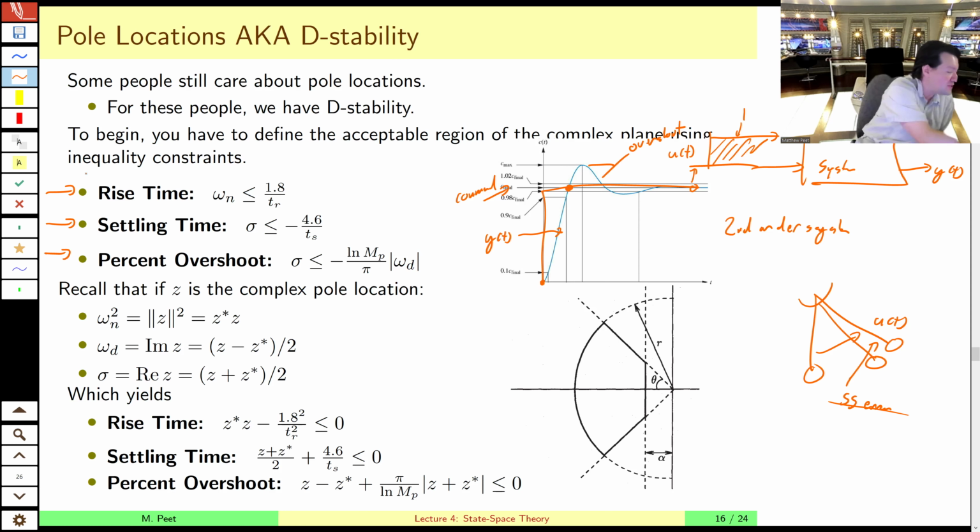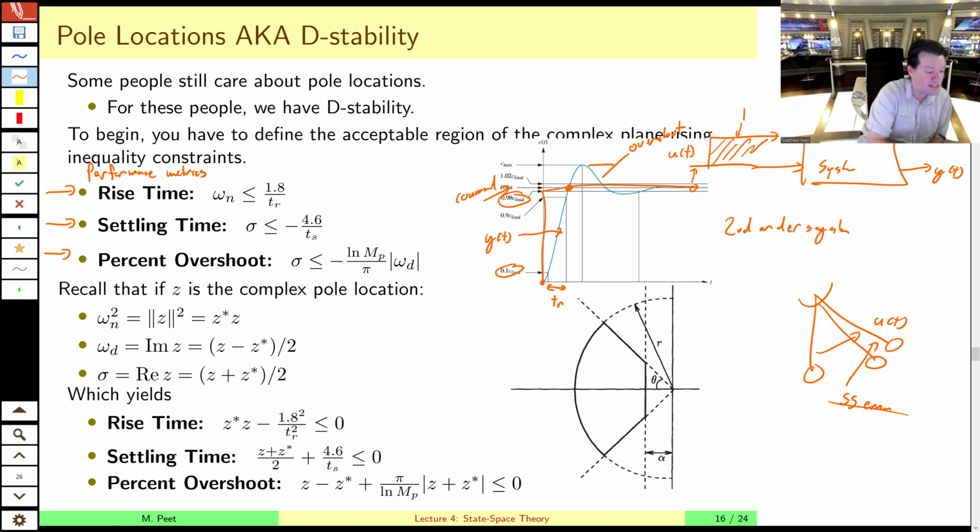These are performance metrics. The three performance metrics that we have are, first, rise time. The rise time is technically how long it takes to get from 0.1 of your final destination to 0.9 of your final destination, or actually in this case 0.98.